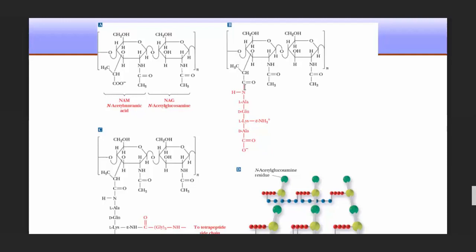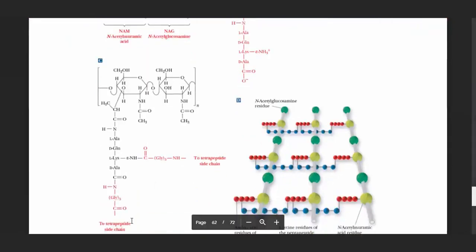Now the tetrapeptide forms 2 cross-links, both of them to a pentapeptide that consists of 5 glycine residues. Notice, in addition to the tetrapeptide, 2 pentaglycines are bonded here.